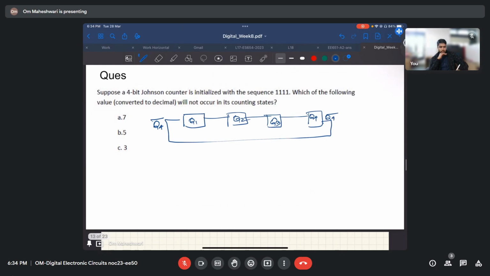They're saying initially we have Q1, Q2, Q3, Q4 as 1, 1, 1, 1, and this corresponds in binary to 15, right?